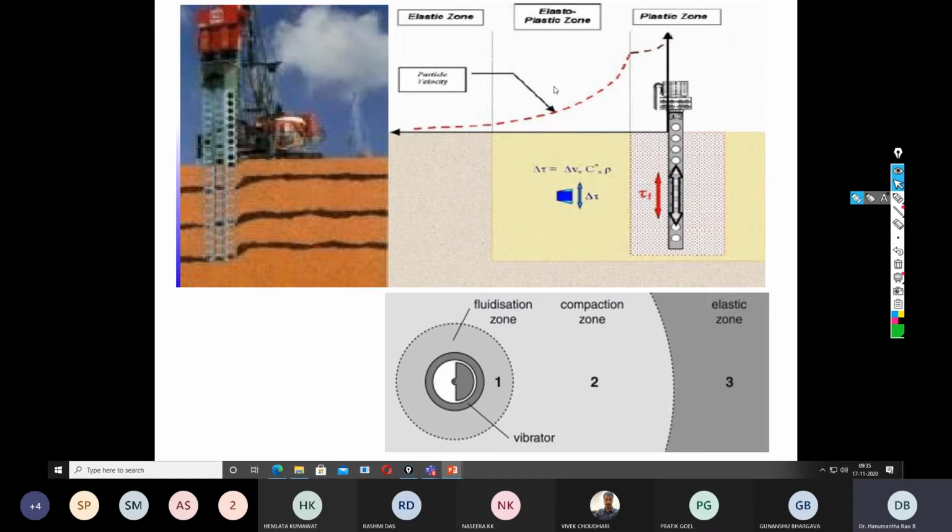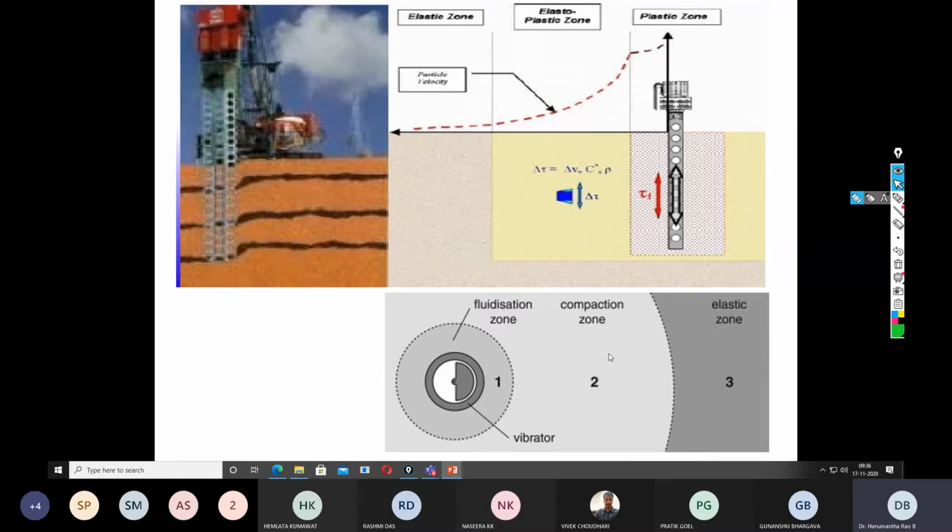But in the elastoplastic zone, there is a recovery and there is a permanent deformation, which indicates that compaction is happening within that zone. Then followed by the plastic zone, which means permanent deformation. As you can see in this bottom schematic diagram, this is the vibratory probe, this is the vibrator. Right adjacent to the vibrator, the soil is under fluidized condition, the fluidized zone. Then followed by the compaction zone, then followed by the elastic zone.